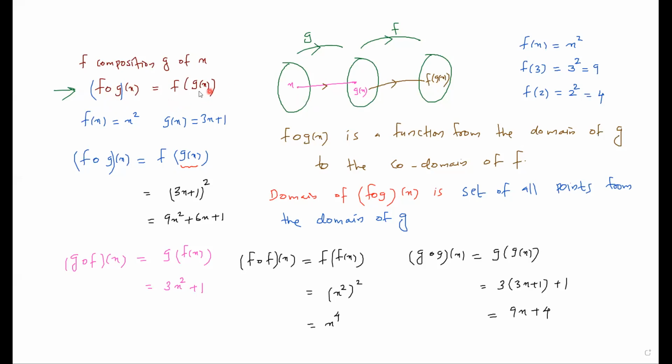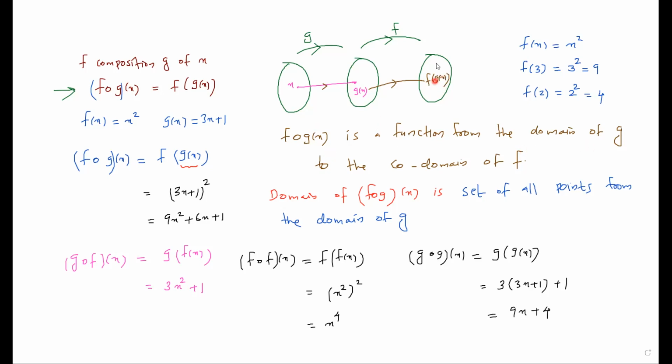So first we need g of x. So a point x in the domain of g. The image of this x under this function g is nothing but g of x. Then the image of this g of x under this function is f of g of x. So that is why f composition g is a function from the domain of g to the codomain of f. That is clear.